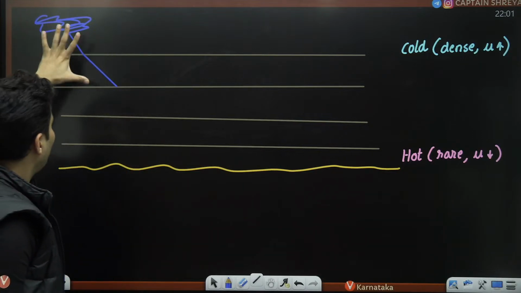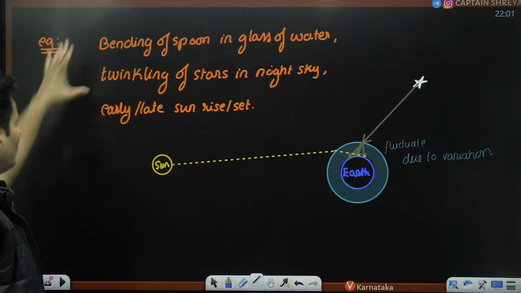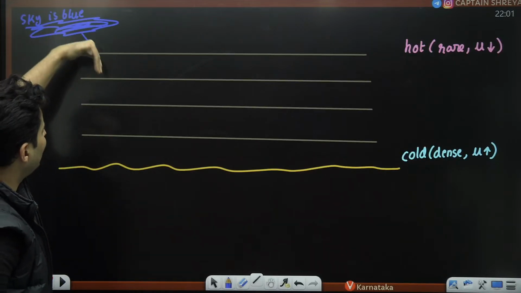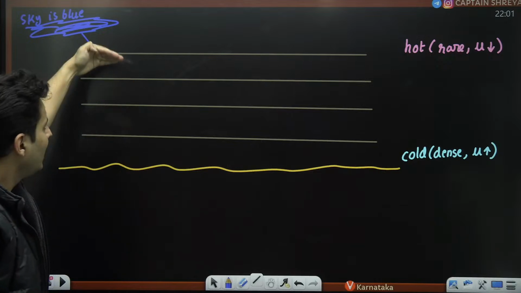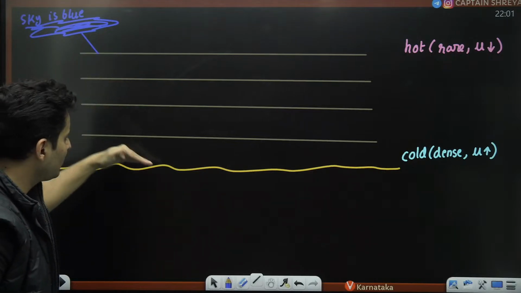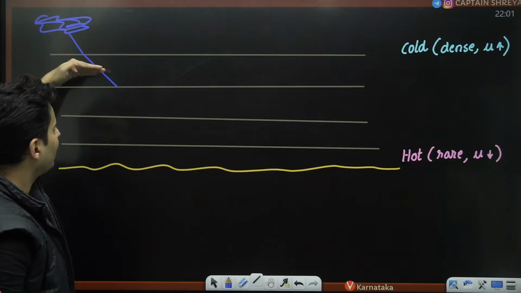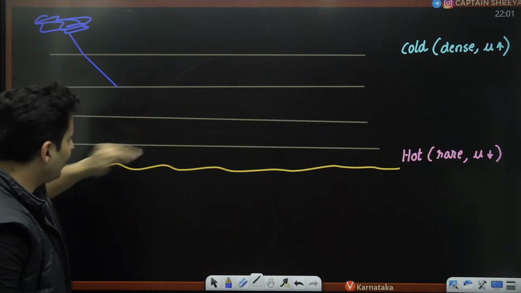Now the problem happens here, not over here. Because here no problem, the light will just keep bending towards the normal, as it goes from dense to more dense layer. The problem happens here because it is going from a dense layer to a rare, to a more rare, to even more rare.